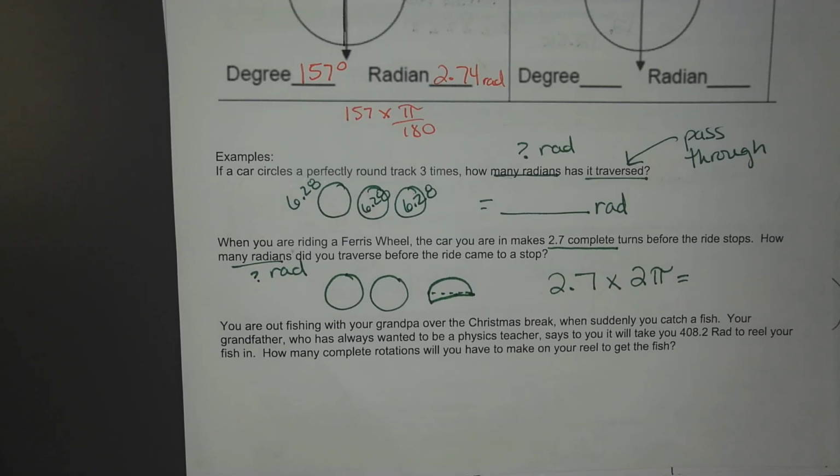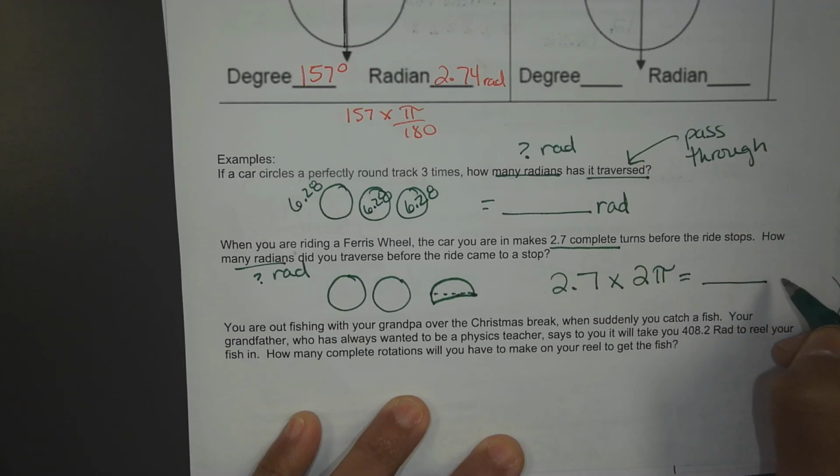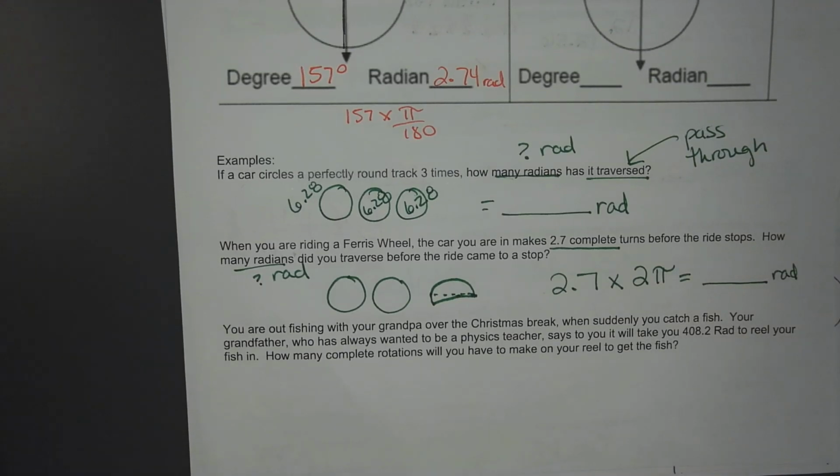One more time. A radius in geometry is a rad in physics. So 2.7 times 2 pi equals blank. There you go. Or rotations, however you want to call it.